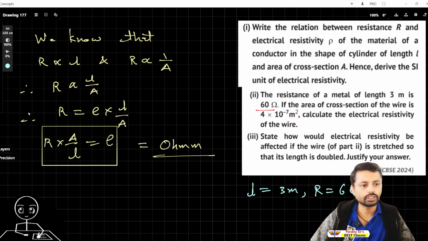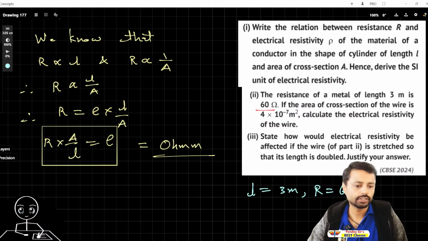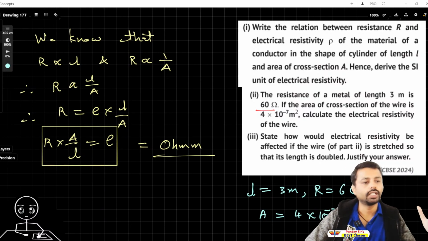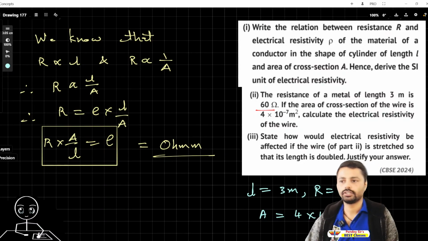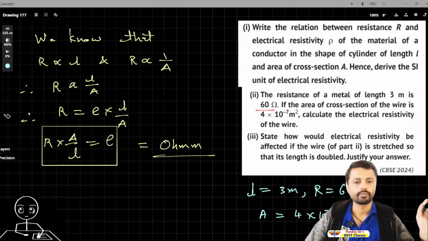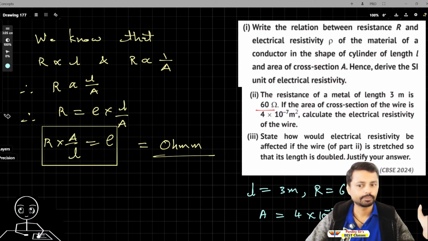If the area of cross section of the wire is also given, equal to 4 into 10 to the power minus 7. Calculate the electrical resistivity of the wire. We need to find the electrical resistivity. So we need to apply the same formula. Okay. So I am giving you a few seconds. Try it.